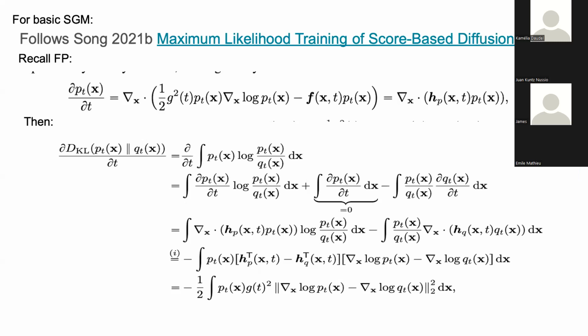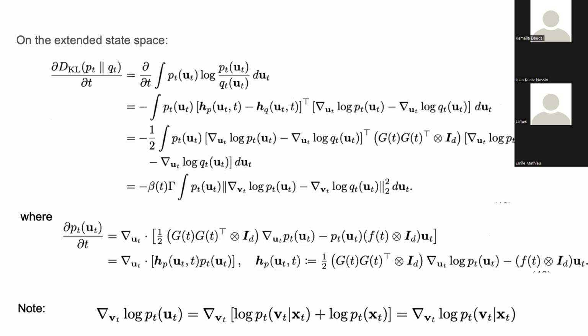So how do you apply this to this extended state space? Exactly the same stuff. Replace the xt with ut. The terms become a little bit more complicated, but essentially you follow the steps exactly in the same way. Now the interesting part comes here. Here we have the gradient with respect to ut.